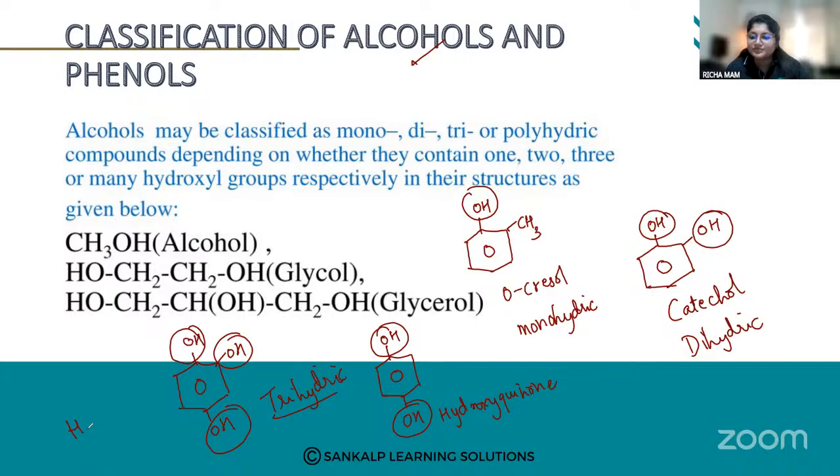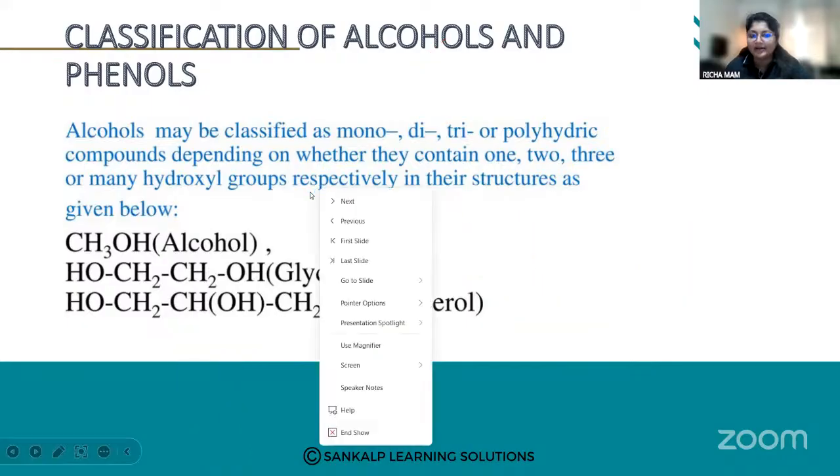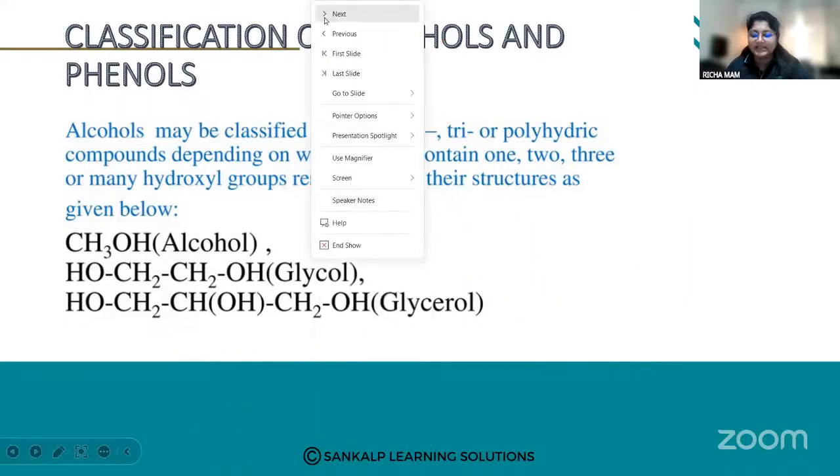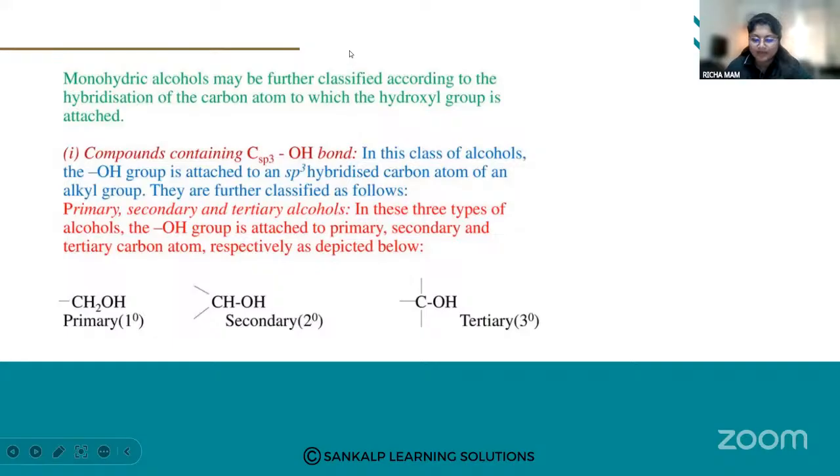So based on the number of OH groups, alcohols and phenols are classified as monohydric, dihydric, trihydric, and polyhydric. I hope the first classification is clear. Okay, fine. Let us go for the next one.